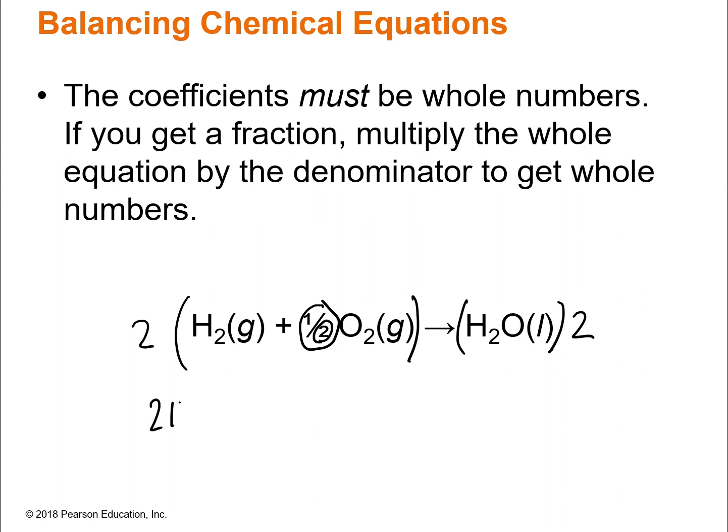So you get 2 hydrogen gases, 1 oxygen gas, which you don't have to write the 1, and 2 liquid waters. So if you use a fraction, fine, but don't leave it that way. The final balanced equation must have whole numbers.